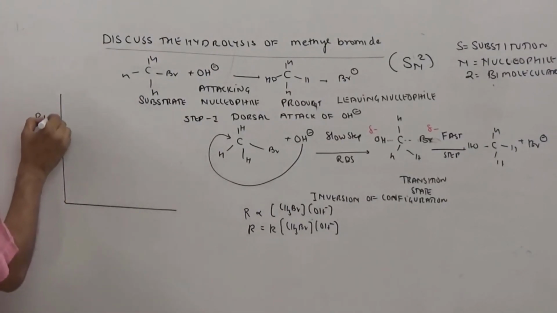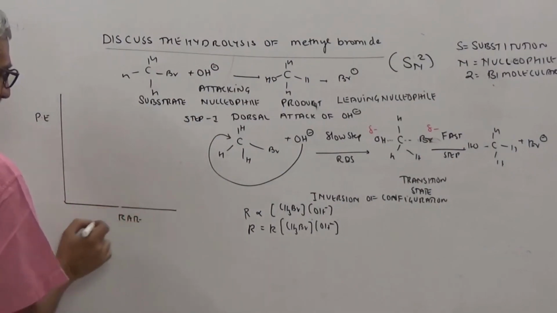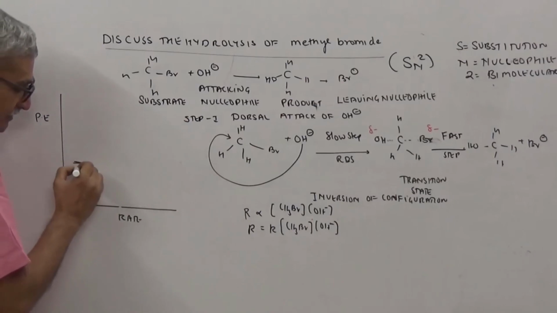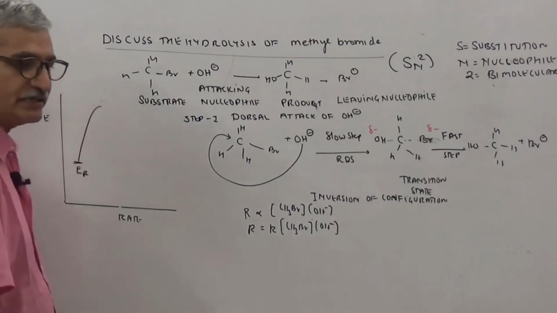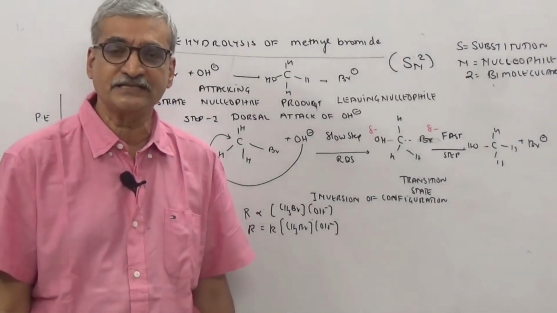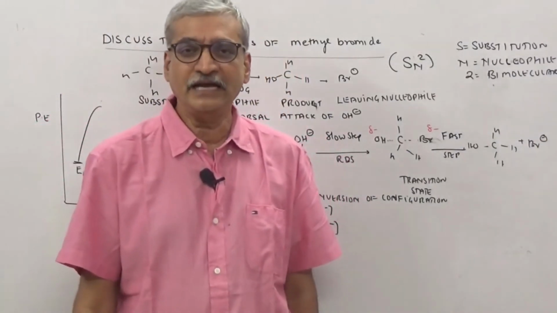So this was potential energy and this was rate of reaction. Here there is only one transition state. So this is the energy of reactant. There is only one transition state. Why? What is happening in the transition state? Simultaneously bond formation and bond breaking is taking place. It's not waiting, OH minus comes, I'll become pentavalent.